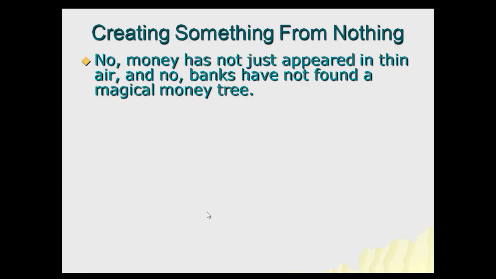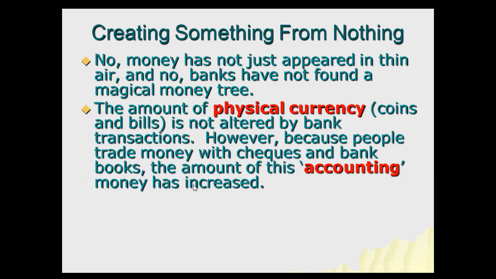Well, no, they haven't just created money from thin air, and they haven't found a magical money tree. But rather, even though the amount of physical currency has not been altered, because people are trading money with checks and bank books, they've actually been able to, through their reserve system, create new money in an accounting sense.